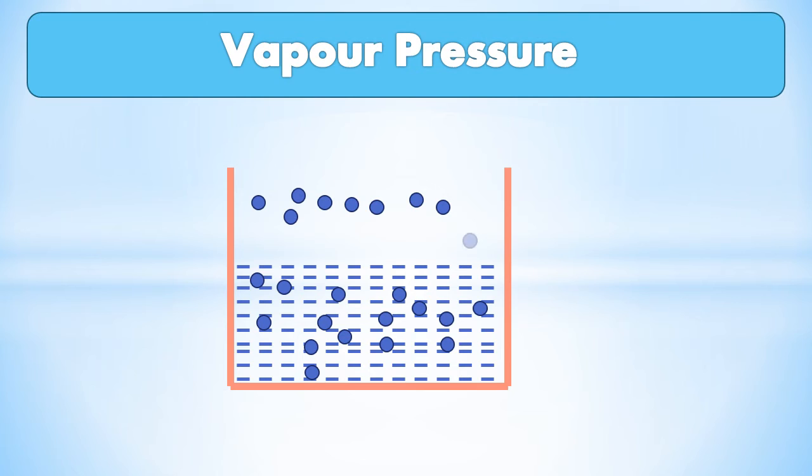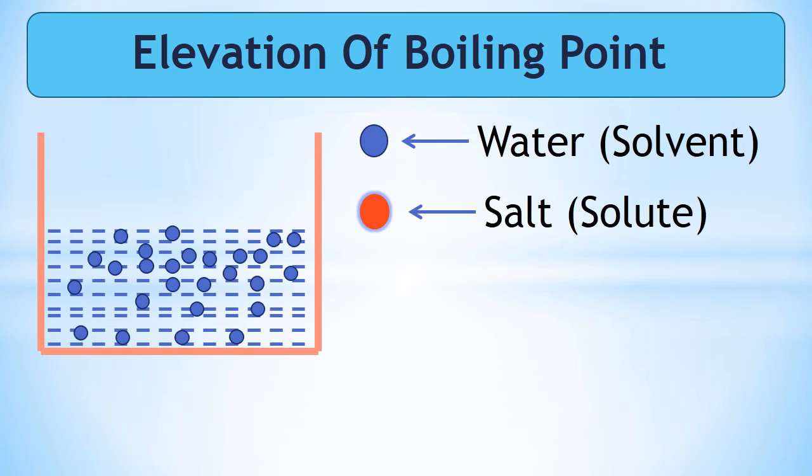Now, let's understand what happens to vapor pressure when a non-volatile solute is added to a pure solvent. We will consider water as pure solvent and sodium chloride, which is known as table salt, as non-volatile solute.